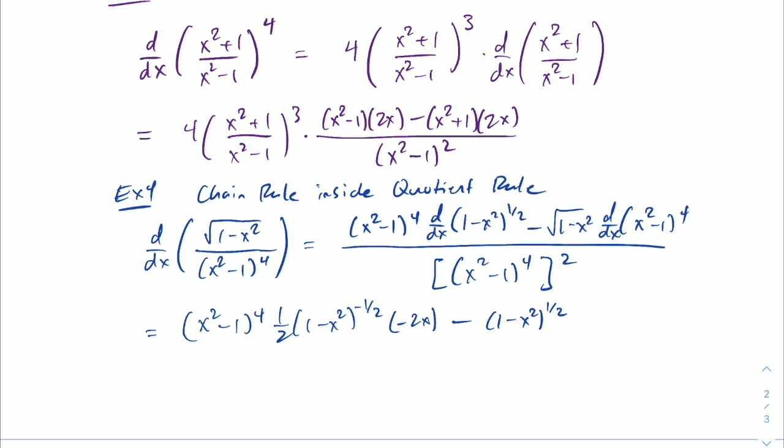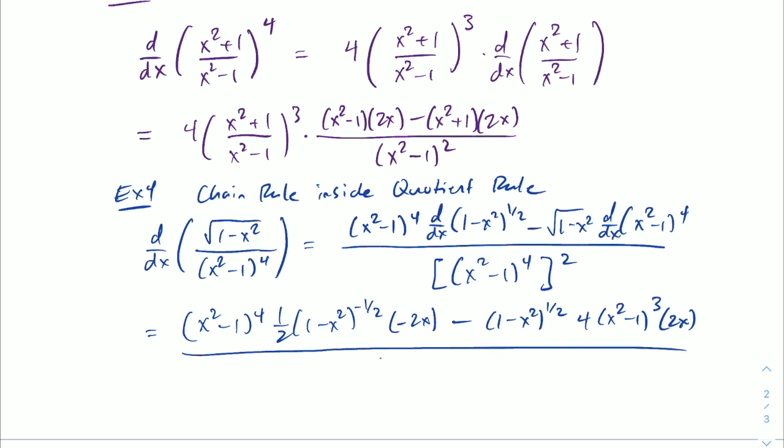And then derivative of the second part is 4 x squared minus 1 cubed times 2x by the chain rule. And my denominator is going to be x squared minus 1 to the 4th power, then squared.